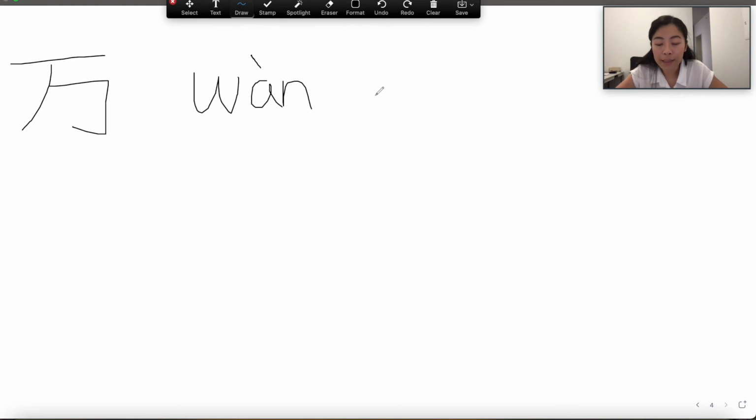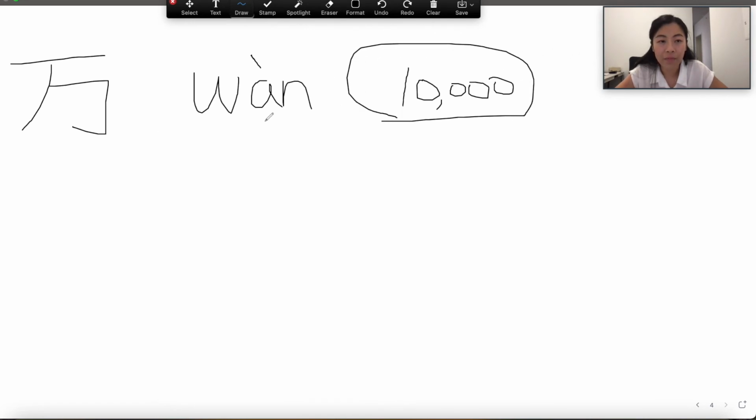Okay, perfect. Here comes a little confusion for some people, because in English we will say 10,000 as 10 of thousands. Here it doesn't work like that. In Mandarin Chinese, every 10,000 is 万. You think of 万 as a measurement.